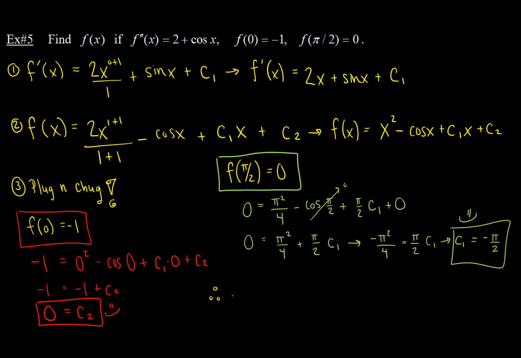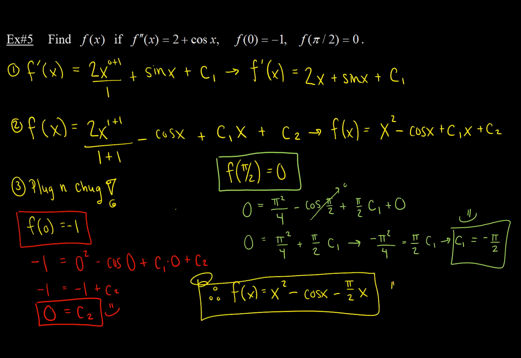So therefore, f of x is going to be equal to x squared minus cosine of x minus pi over 2 times x. We don't have to write that plus 0 because we don't need it. All right. Neato, hey?